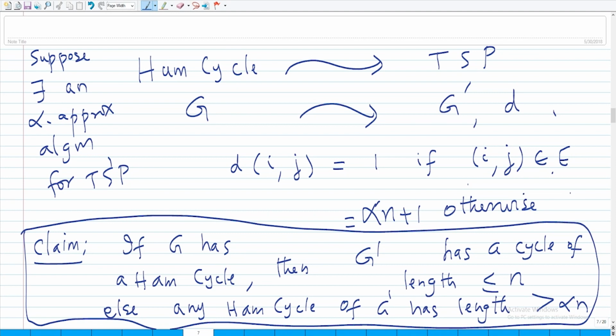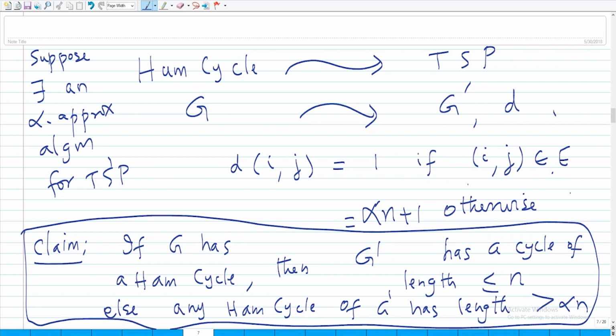And if G does not have a Hamiltonian cycle, it will produce a cycle of length greater than alpha n. But there are no cycles of length at most alpha times n except the original Hamiltonian cycle. So, somehow I have played around with my distance, so that I can even use an approximation algorithm to determine whether G has a Hamiltonian cycle or not.